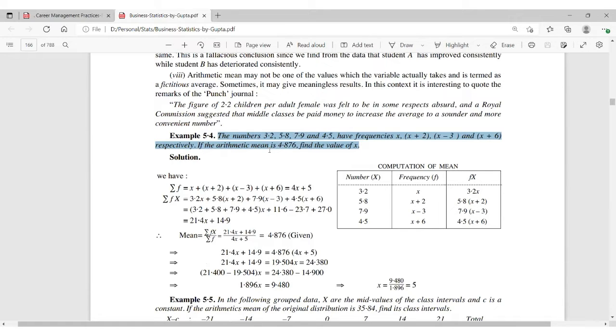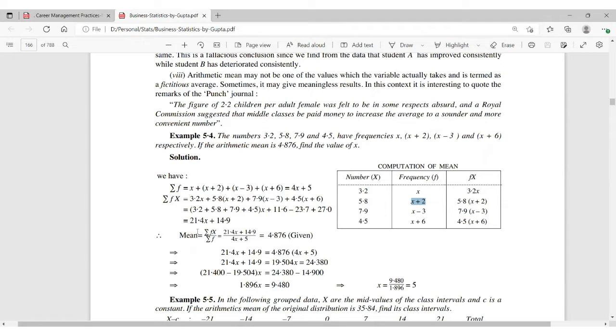If the arithmetic mean is 4.876, find the value of x. Multiply each number by its frequency: 3.2 into x, 5.8 into x plus 2, and so on like this.